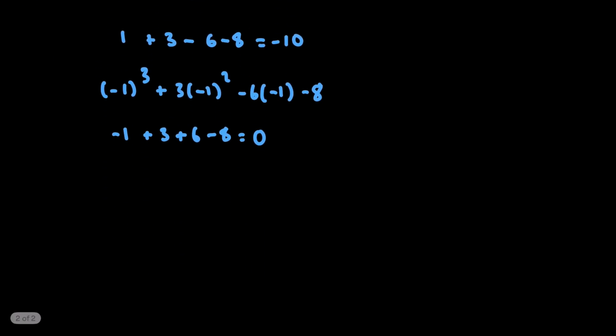So now that we have this number, let's try and figure out why we need to do that and what we can do next with this. We know that x equals minus 1 is a factor. So now I'm going to rewrite this as x plus 1 equals 0. The reason I've done this is that now I'm able to do long division with polynomials.